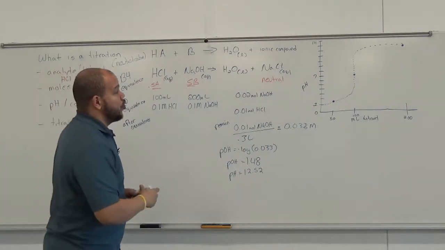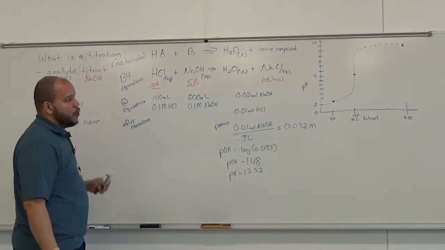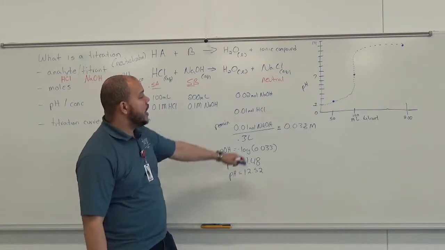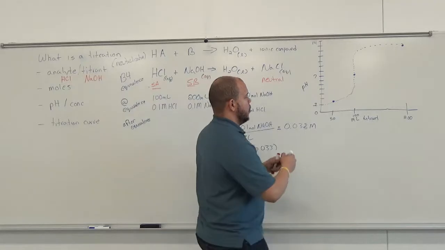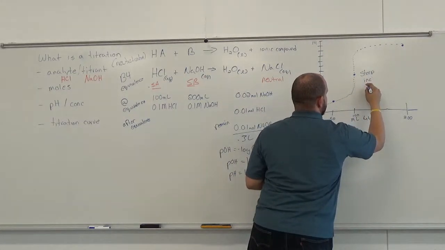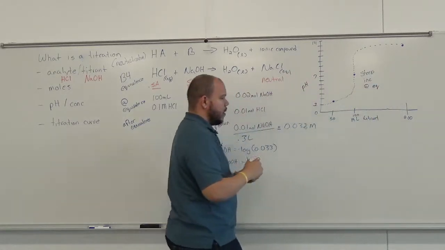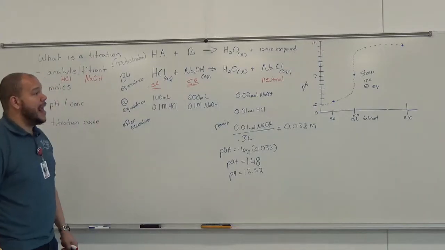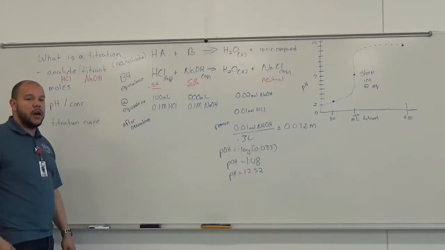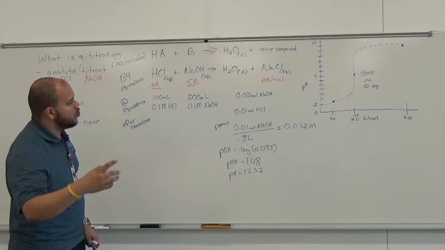So the titration curve, which is what I wanted to talk about for each of these at the end, for a strong acid, strong base titration, involves a very steep increase or decrease at equivalence. It is very steep, and the reason for that has to do with it being strong and strong. We're going to talk about the buffering in class. Okay, so this is strong, strong.